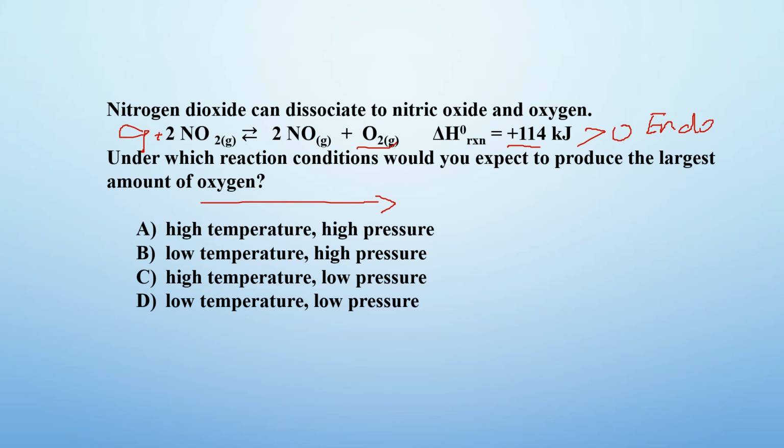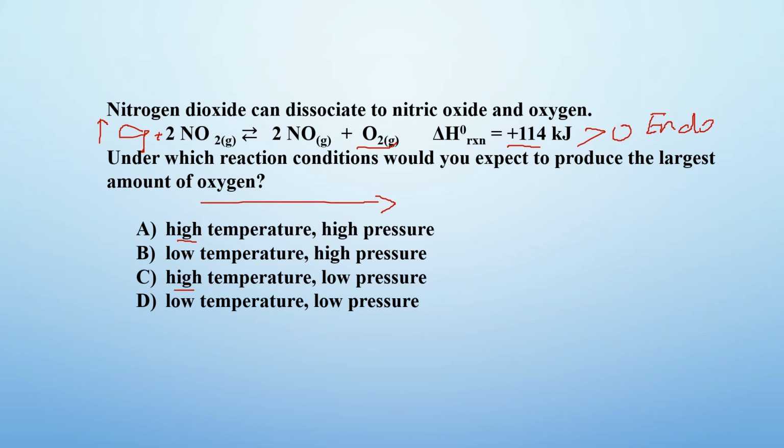So we want to increase the temperature, because increasing the temperature increases the amount of heat. That will shift the chemical reaction to the right. So we want a higher temperature, so that's between A and C.